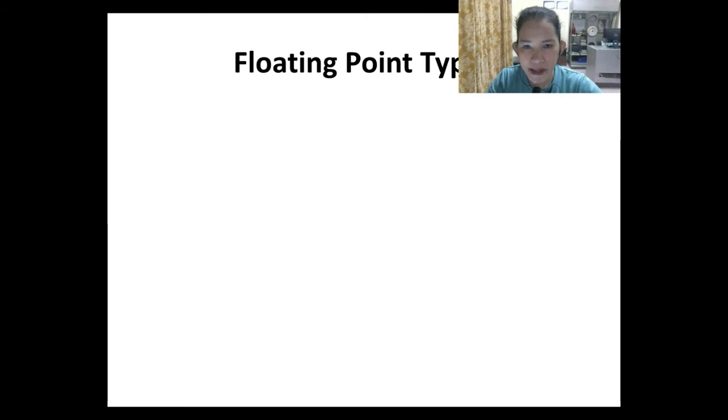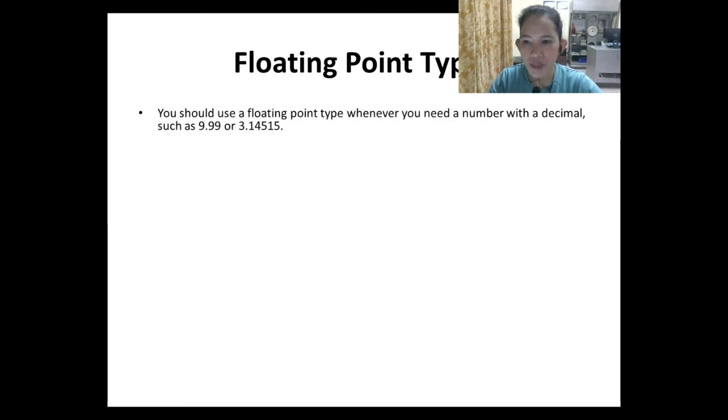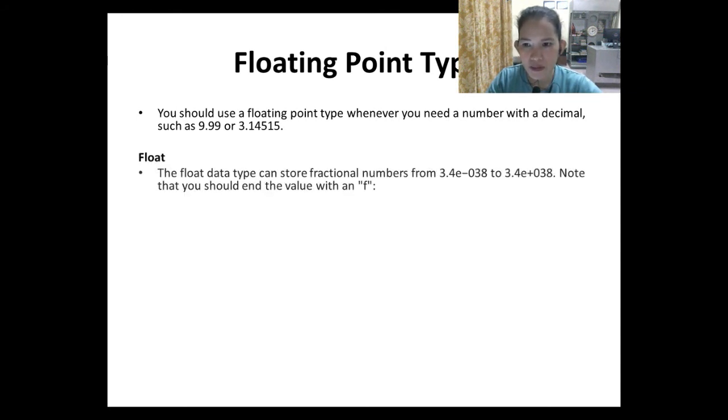Floating point types. You should use a floating point type whenever you need a number with a decimal, such as 9.99 or 3.14515. Float. The float data type can store fractional numbers from 3.4e-038 to 3.4e+038.